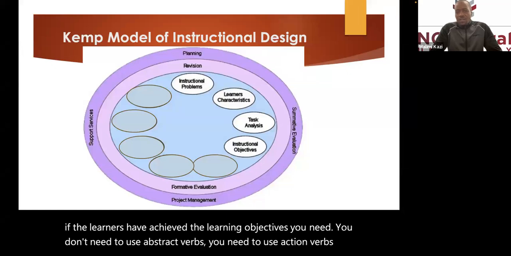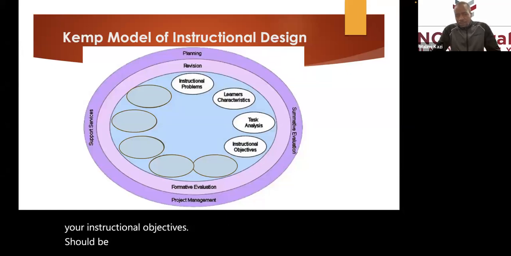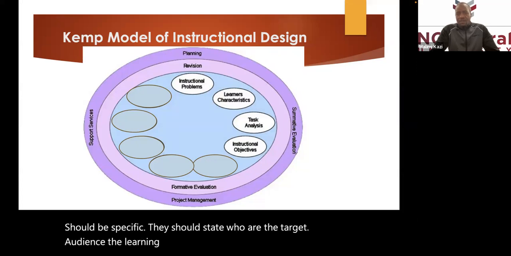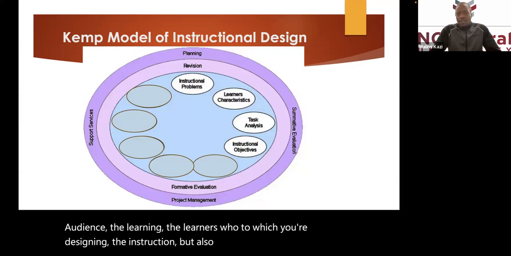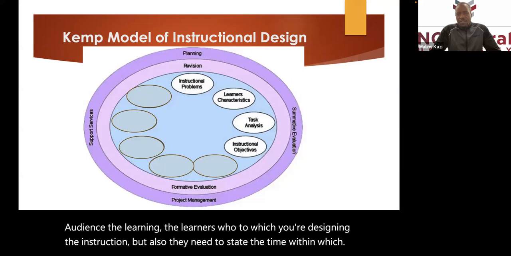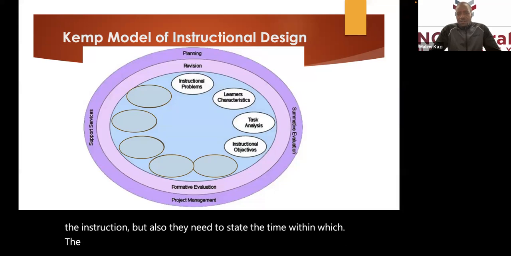Your instructional objectives should be specific. They should state who the target audience is, the learners for whom you're designing the instruction. But also they need to state the time within which the instructional objectives should be achieved.